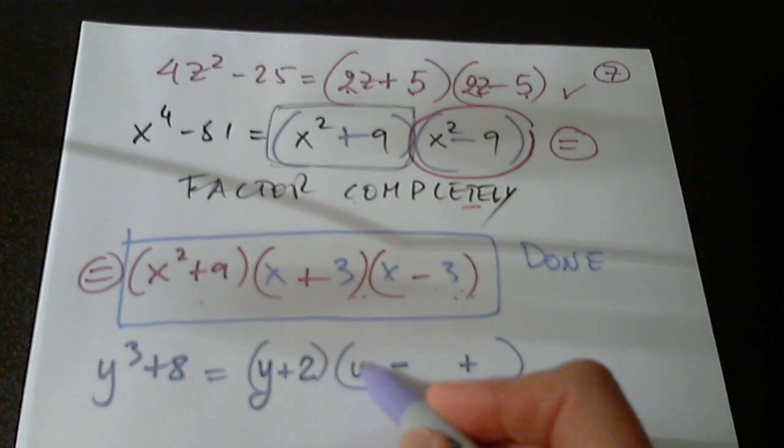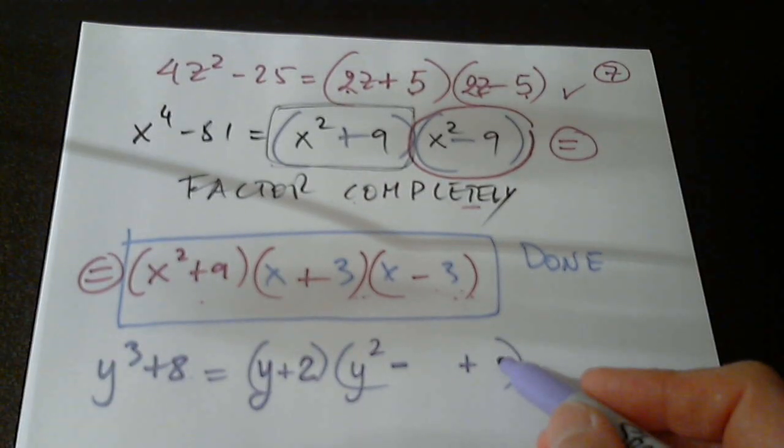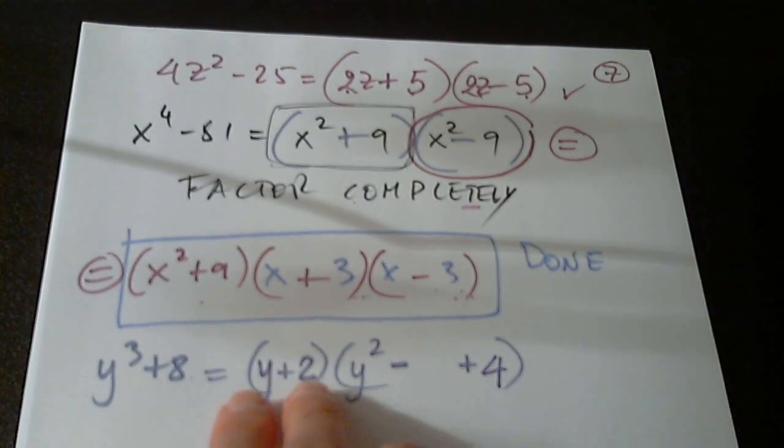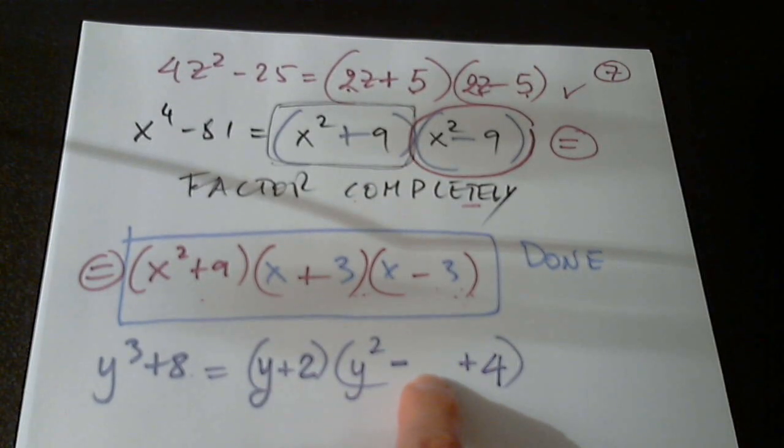So please square this and tell me what to write. y squared and 2 squared, which is? 4. Perfect. Multiply these two and tell me what to write.